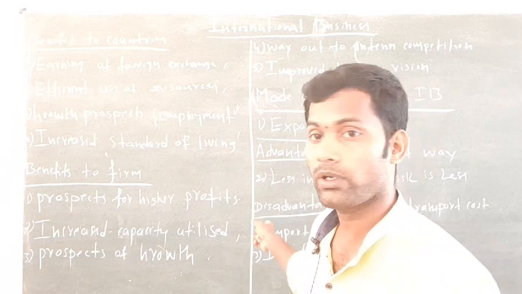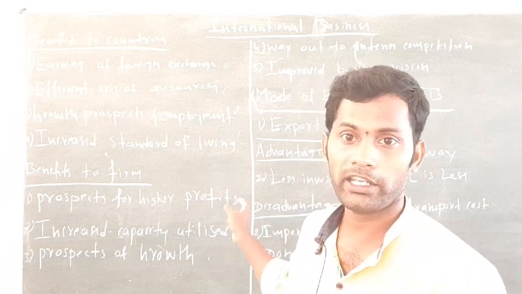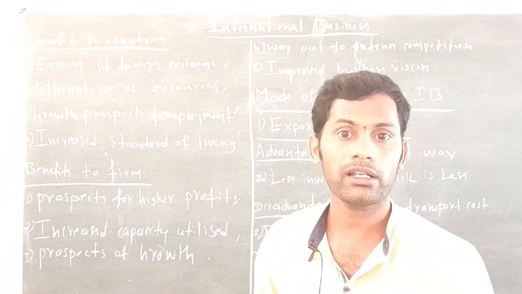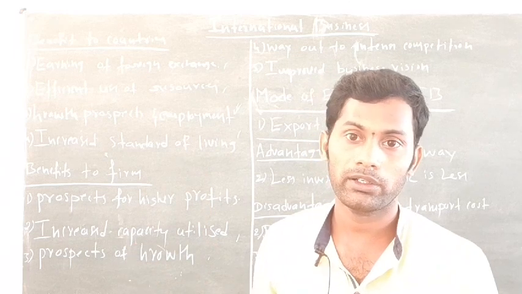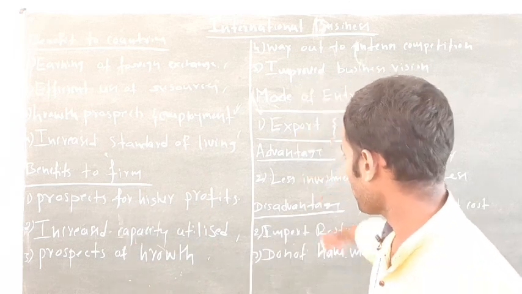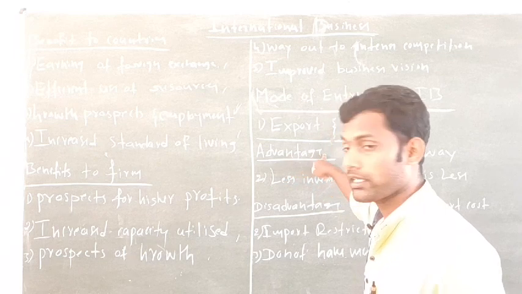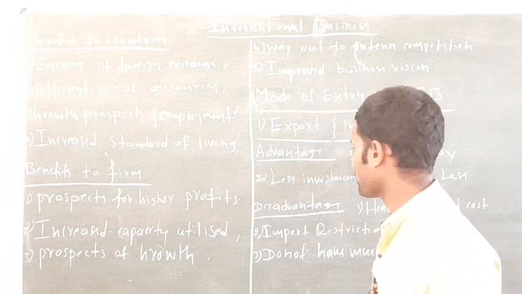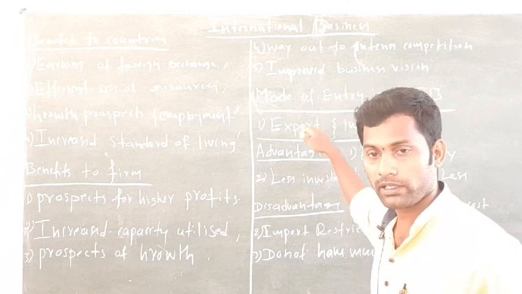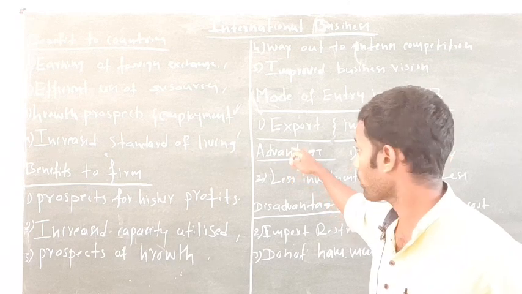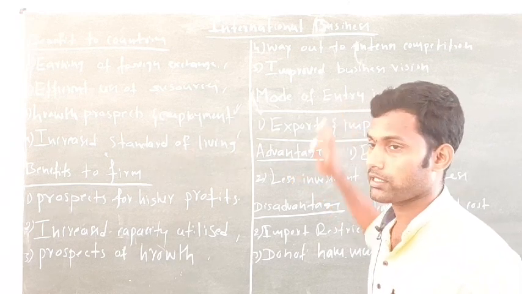These are the disadvantages of export and import over the 4 other modes of entry into international business. Again, we studied advantages, we have 3 advantages also over the other 4 modes of entry into international business.